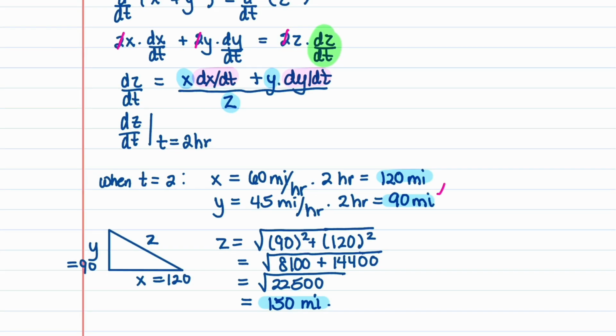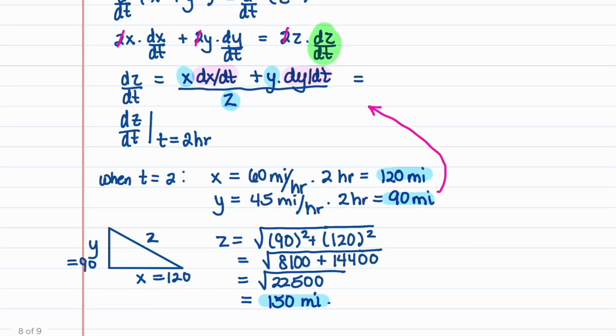And we can go back up to here and plug everything in. So this is x, which is 120 miles, times dx/dt, which we're given up top was 60 miles per hour, plus y, which is 90 miles, times dy/dt, which we were given as 45 miles per hour.